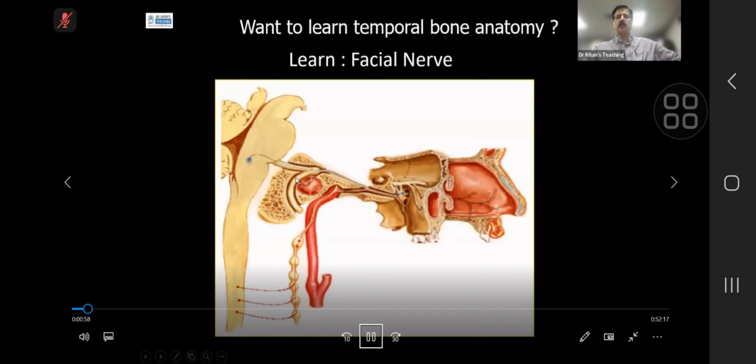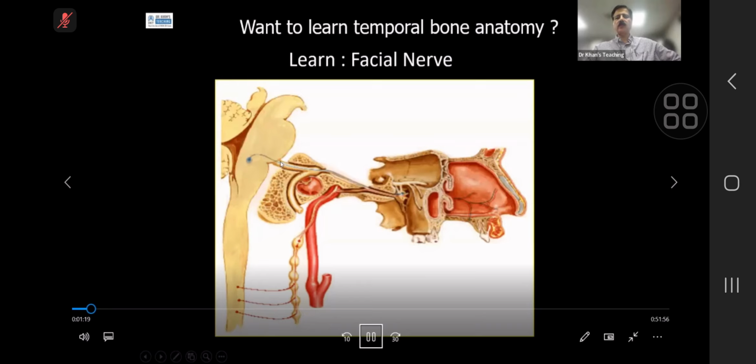This is the tympanic portion. And this is also known as the anterior genu. And somewhere here is the posterior genu, and then it passes vertically down. This is known as the mastoid portion.